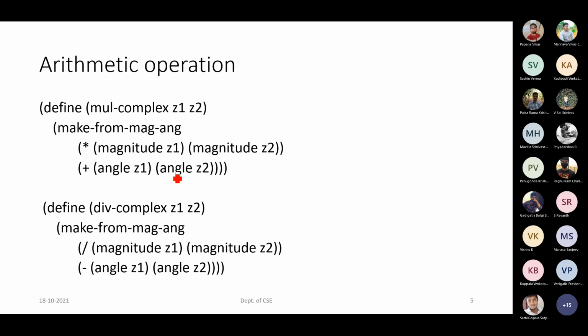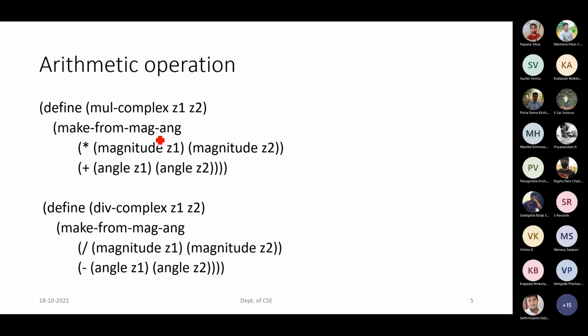So if you imagine you have defined the multiplication of two complex numbers in the rectangular form, it will be a bigger formula which you will be applying, right? You can imagine it like x1 plus i y1, x2 plus i y2. The formula you will get is x1 x2 minus y1 y2, that will be your real part.